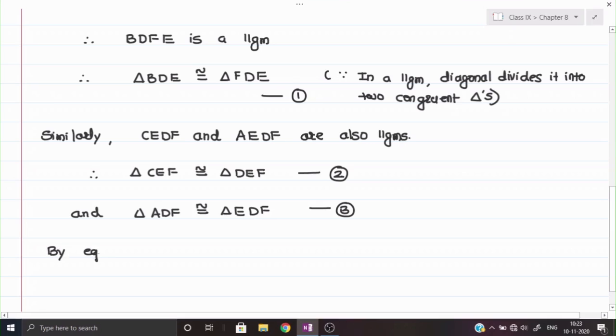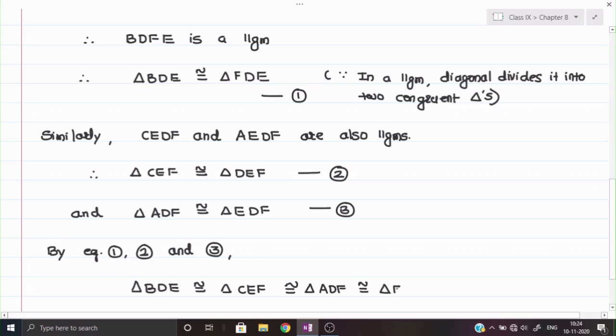So by equation first, second and third, we can say that triangle BDE is congruent to triangle CEF is congruent to triangle ADF is congruent to triangle EDF.